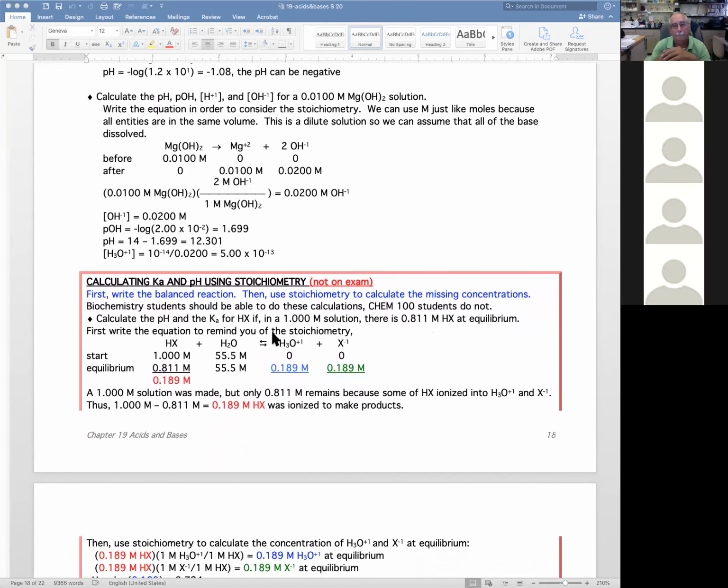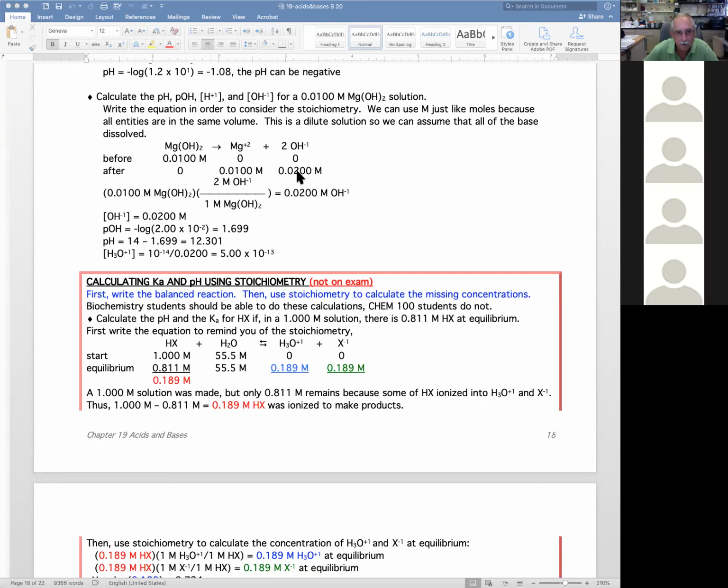So, what about for a 0.01 molar solution of magnesium hydroxide? So what I need to do is draw the cognitive map. Here's magnesium hydroxide. I get 1 magnesium and I get 2 hydroxides. So if it completely dissolves, and it would because that's a dilute solution, that 0.01 is going to give me 0.01 of this.